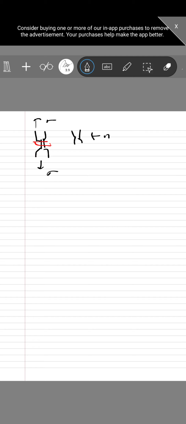This is called necking. It means dislocation movement has started.